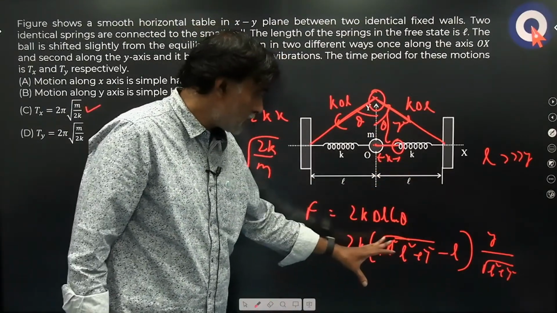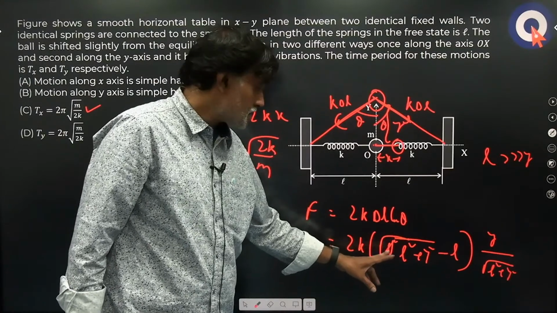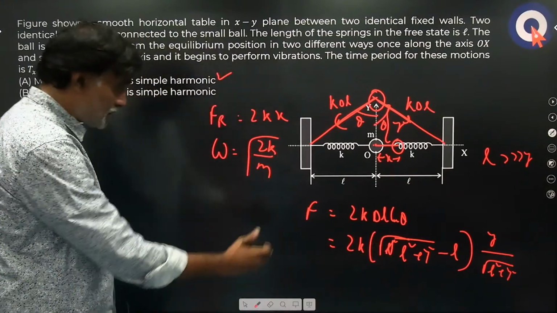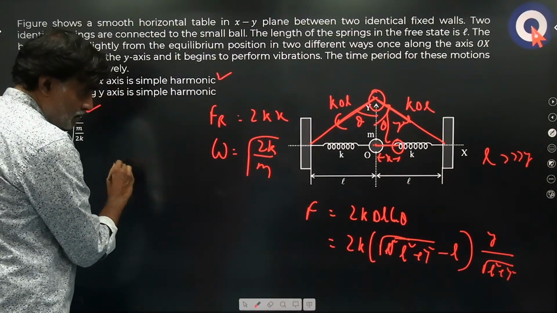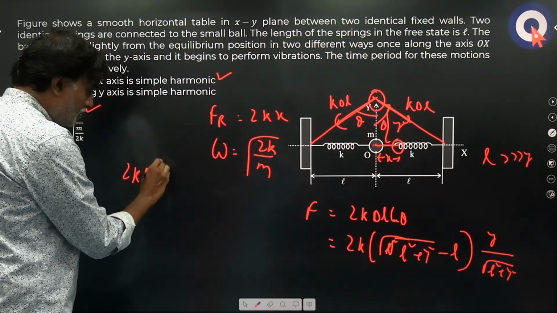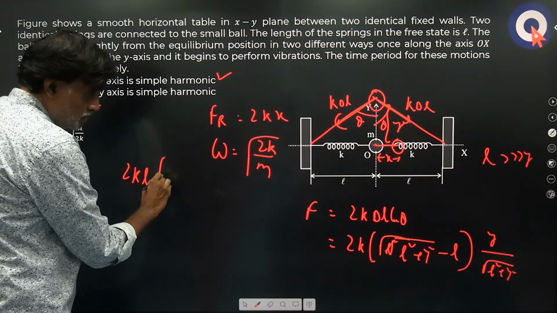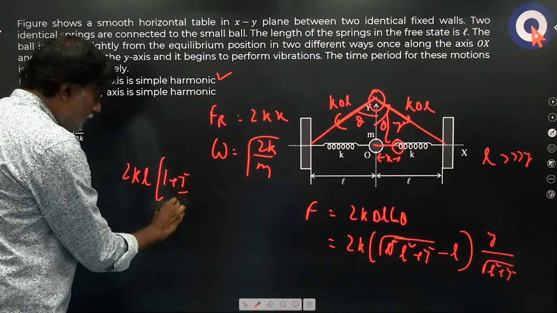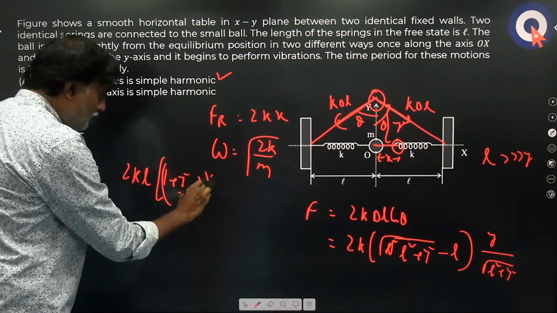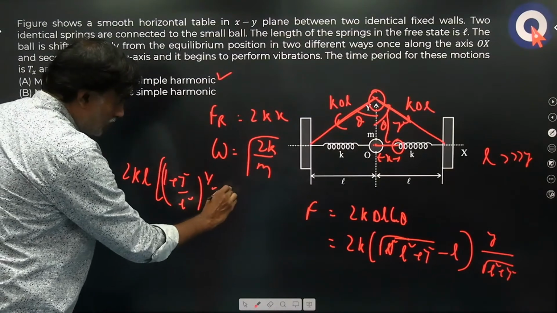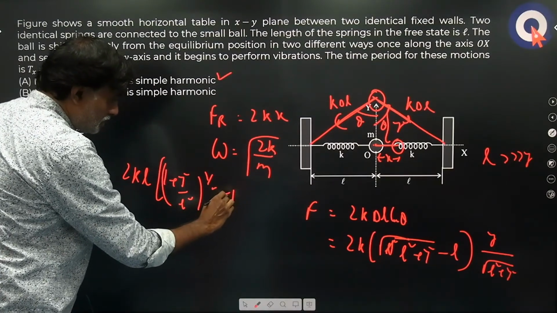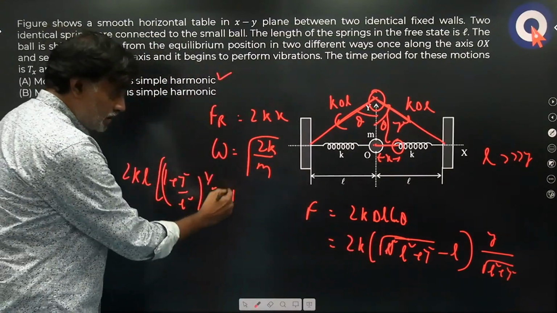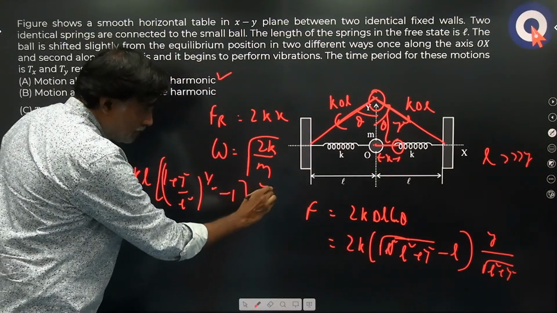But this also you can do by binomial theorem, because L is much greater than y, okay. So if I take L square common, what do you get? First term, 2k L outside, you'll get into 1 plus y square by L square whole to the power of half, then minus 1, okay. We have taken L square common, so L outside, so minus 1 into, that is y by L, okay.